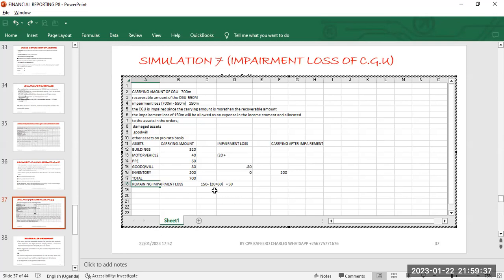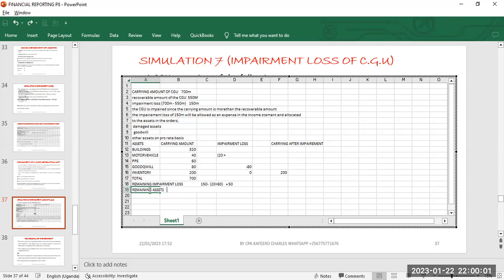And now this 50 million is going to be our remaining impairment loss. We have also to compute the remaining assets.